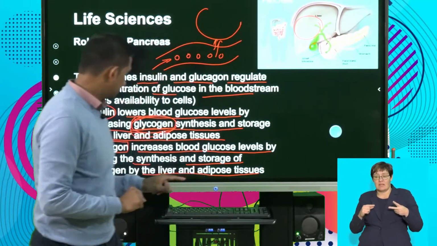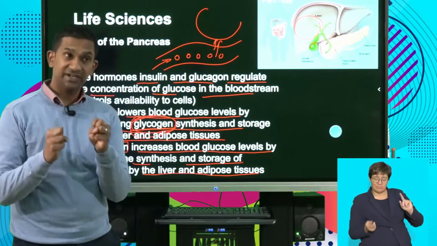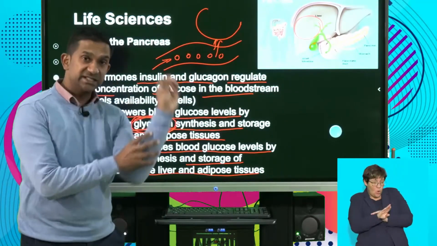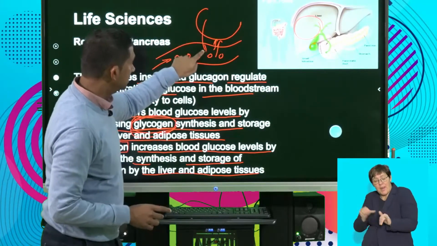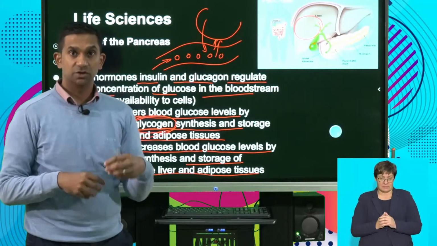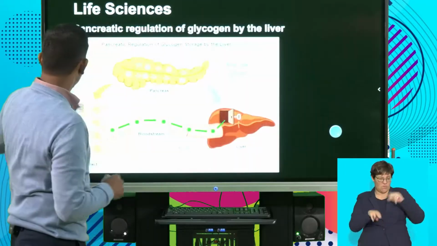The other hormone, which is what we've just looked at, glucagon, does the opposite of that. So when your blood sugar levels drop, the glucagon is going to convert what we've stored in our liver and fat and release that back into the bloodstream to increase the blood sugar levels so that we have the glucose to provide energy for cellular respiration. So that's the overview of that.